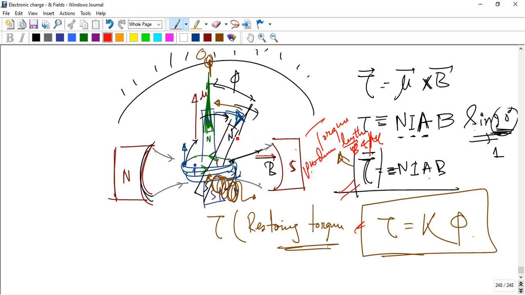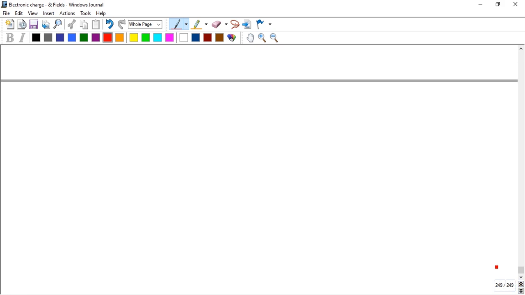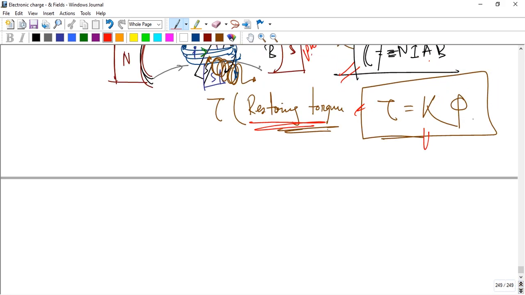If there is more bending, more phi means more restoring torque. That's why these two taus are equal, and the constant K is called the torsional constant.